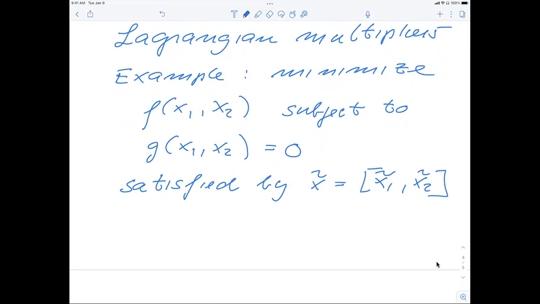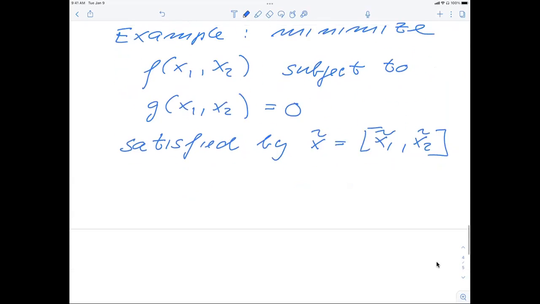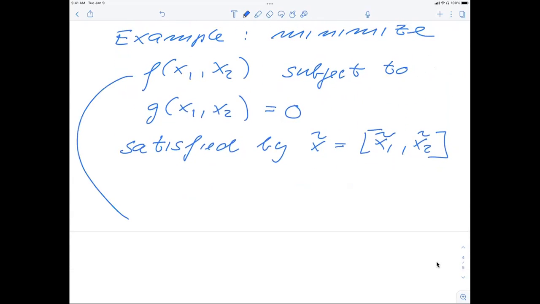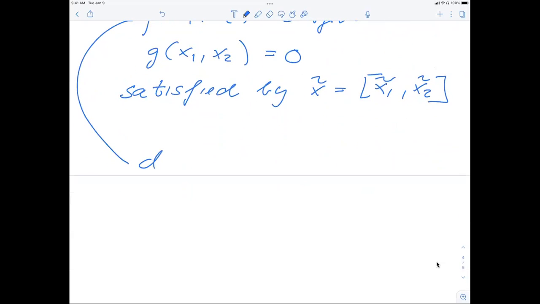Now, let's try to demonstrate that this means that x1 and x2, one of these may not be an independent variable. So when we want to optimize this typical problem, what we would have is a kind of necessary condition for d of f. So in the optimization here, what we want is a d of f equal to 0.